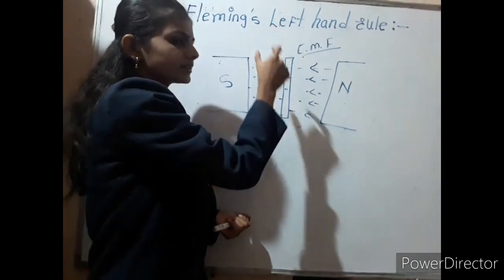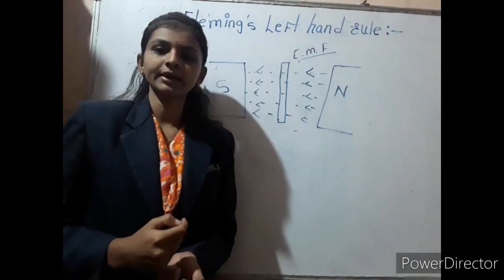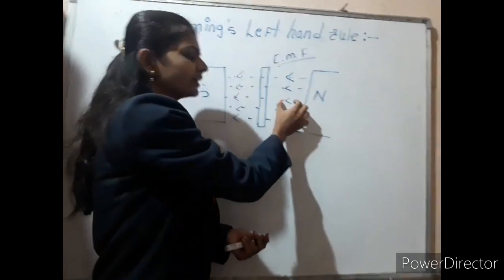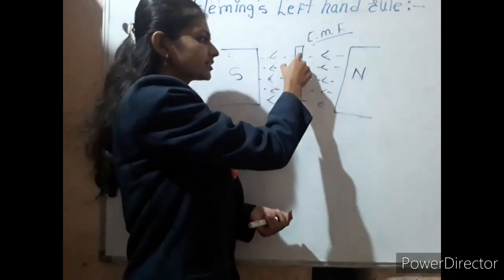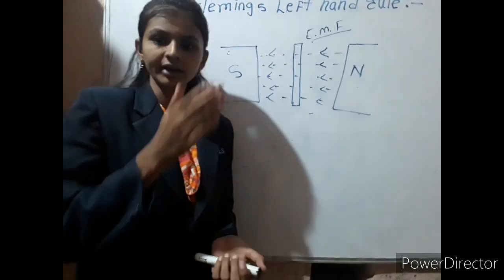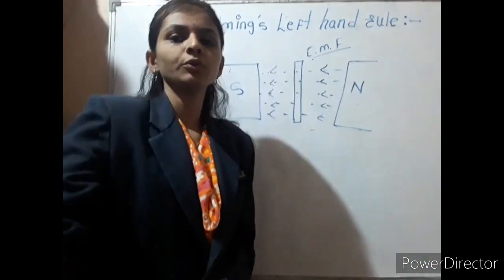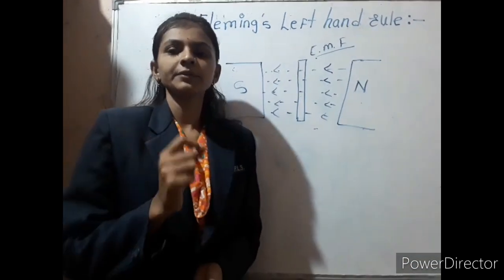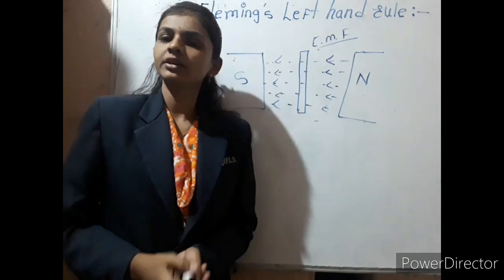When we place the conductor perpendicular to the magnetic lines, the magnetic flux is cut by the conductor, and due to that EMF is produced in the circuit, and this EMF is responsible for the flow of current in the circuit.